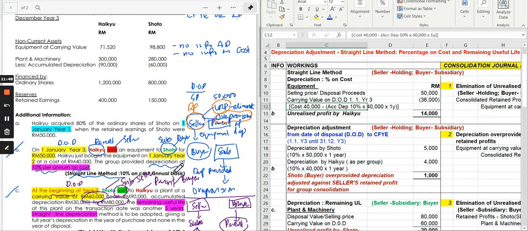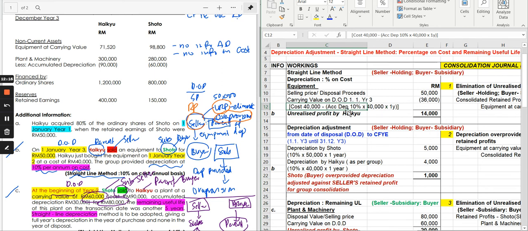It was purchased 1st of January year 2, and 1 year after you purchased, you disposed of it. The accumulated depreciation here is from the date of purchase of the asset, 1st of January year 2, up till 31st of December year 2, which is 1 year after it has been purchased. It was disposed on 1st of January year 3, so for 1 year.